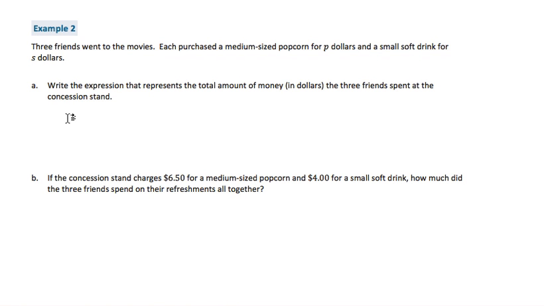And there are a variety of different ways we could write that, but I'll write it as 3 times the quantity P plus S. In other words, we add up the cost of the popcorn and the soft drink together, and then we multiply it times 3, since there were 3 friends.